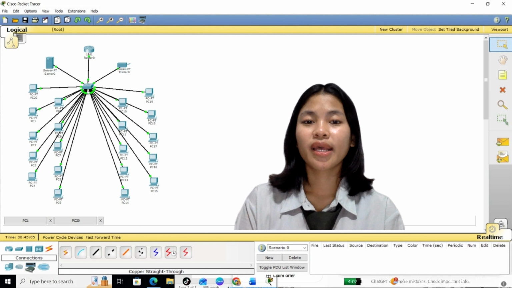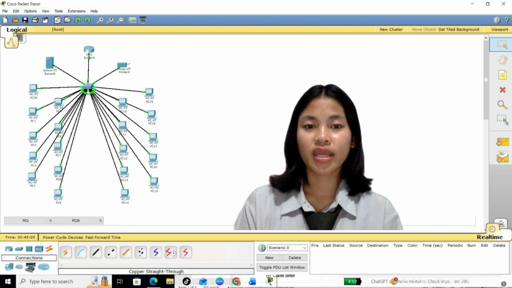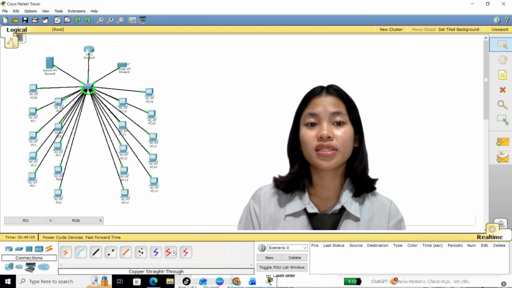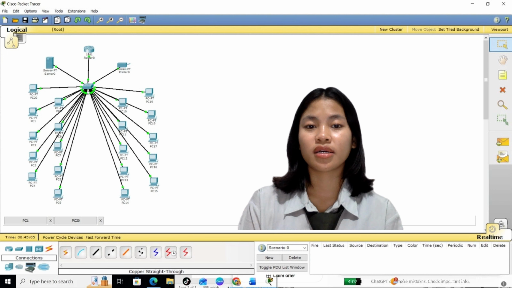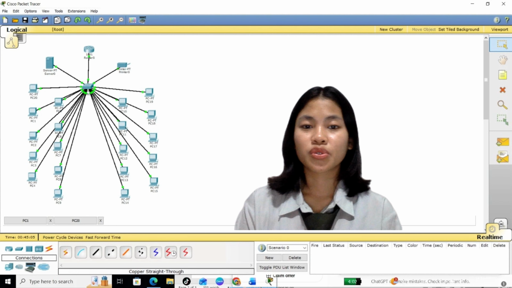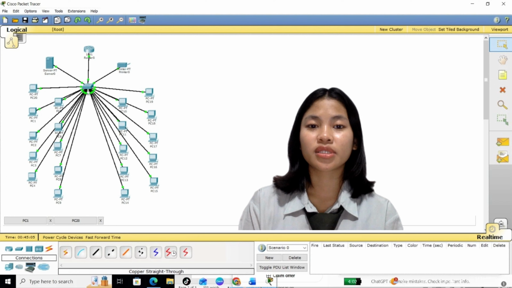Next, I will present the result of designing a wired computer network using the Cisco Packet Tracer application. The case study I'm using is a digital marketing company called Creative Media Solution, with 20 employees. The employees are divided into several divisions such as content creator, graphic design, social media specialist, finance, and human resources.